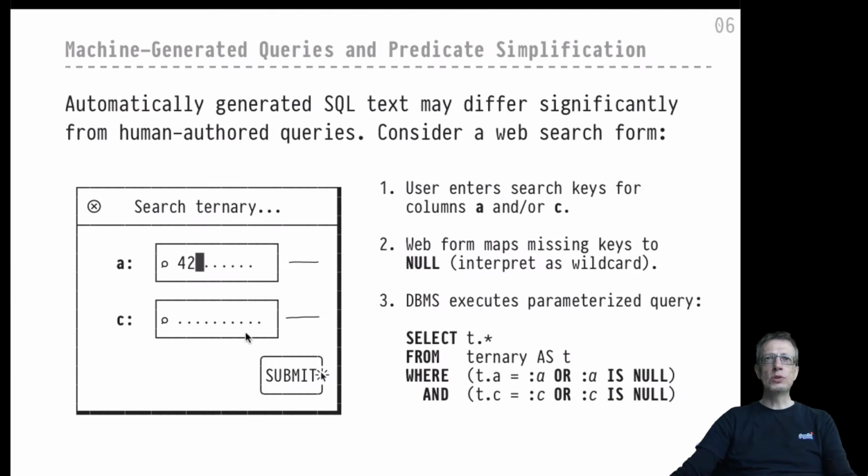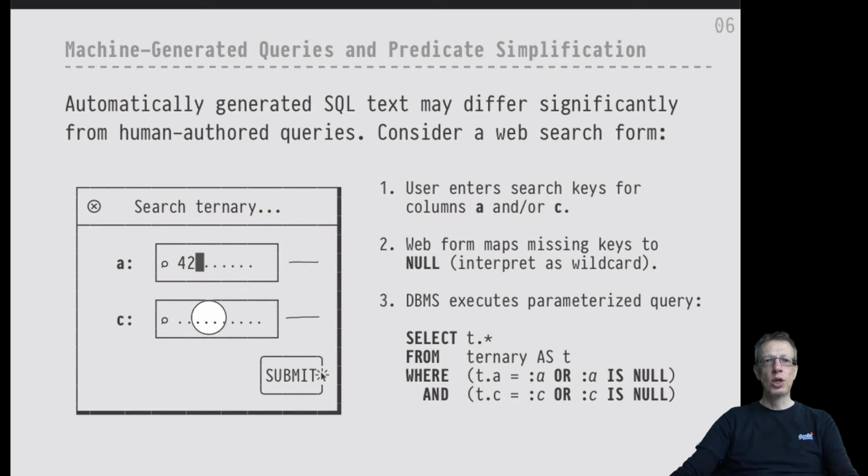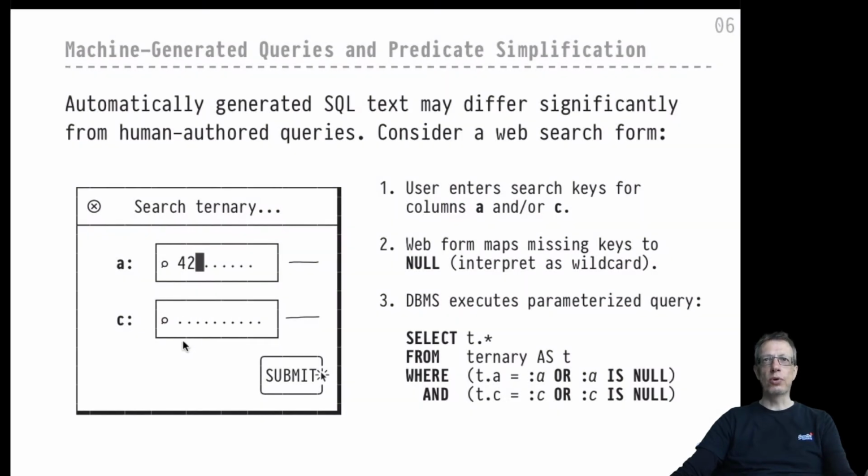If users choose to not specify a particular value for column C, for example, then the web front end will indicate that by setting the value that's looked for here to null. All right, so this is how this web form communicates to the backend.